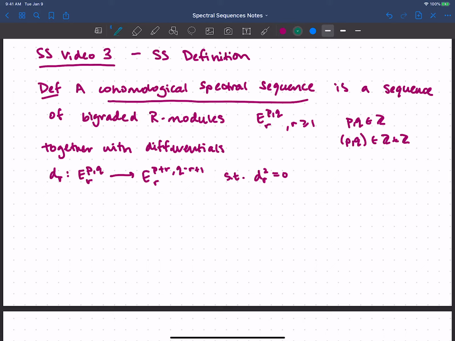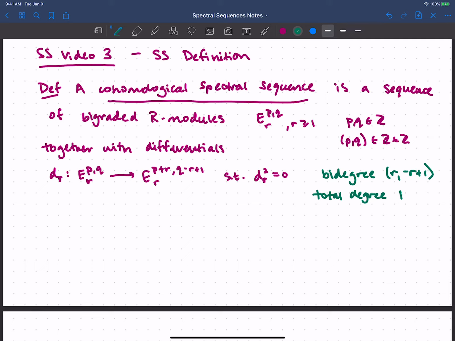And another way to say this is that these differentials have bi-degree, I'd call it (r, -r+1). And I might refer to the total degree, which is just the sum of those, and that's always going to be 1.